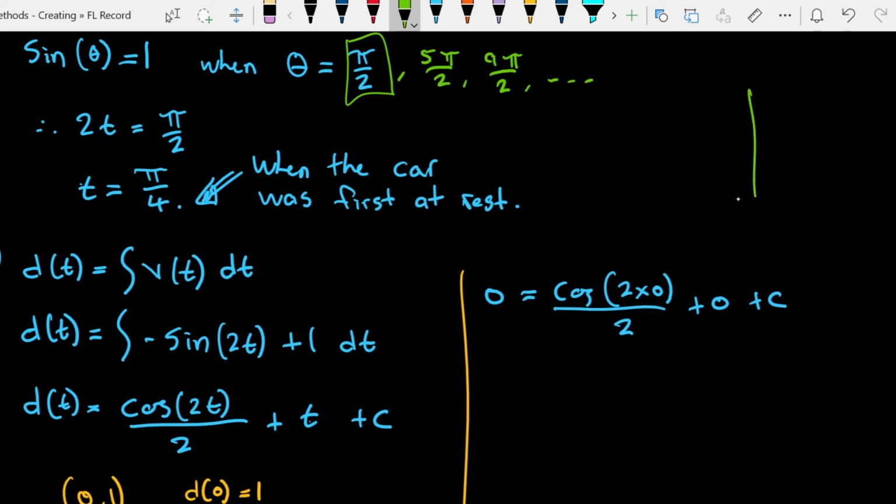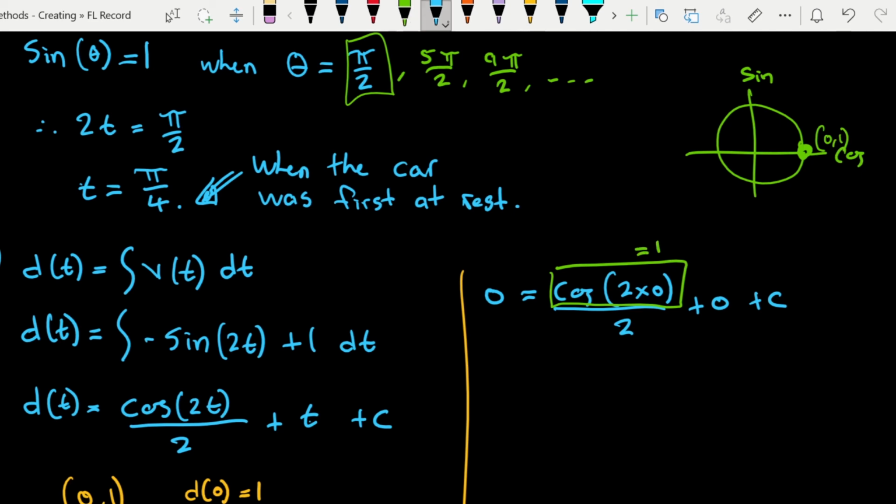And with a little bit of help from the unit circle here, we know sine there, cos there, cos of 0, if you go around 0 radians, you're at cos being equal to 1. So this thing here is equal to 1.